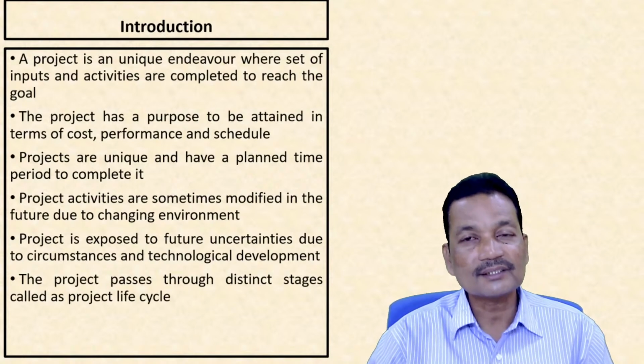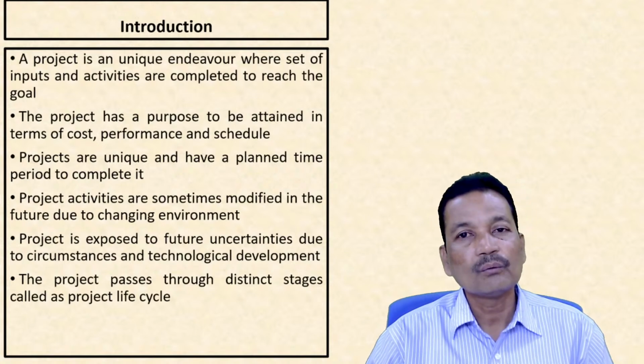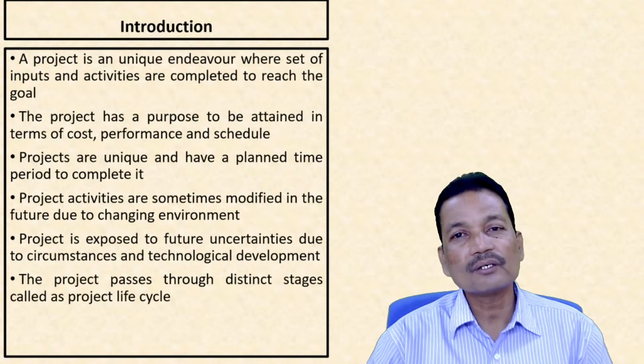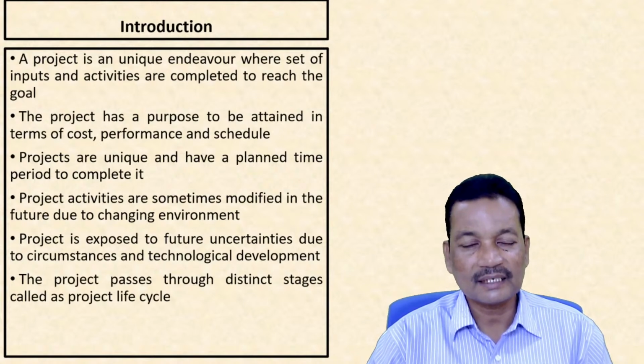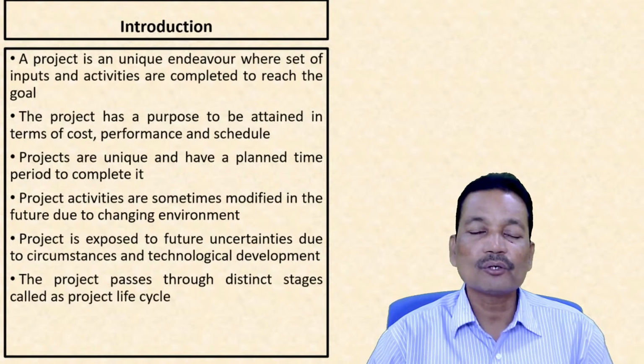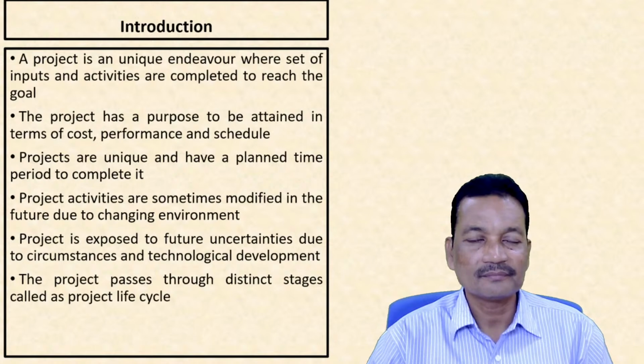Now, the third stage is after the planning and designing is complete, we go for the actual implementation of the project activities. That means we carry out the project activities in real terms.